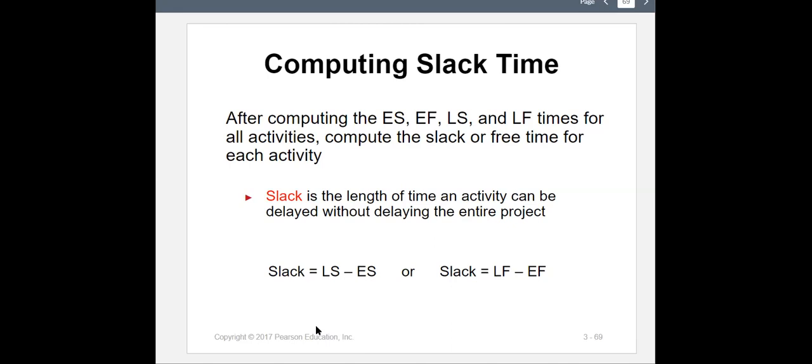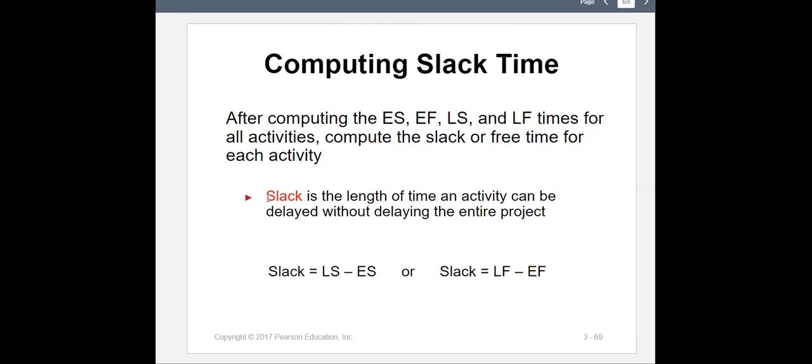You don't want any delays in your critical activities and your critical path, because if your critical path falls into trouble and delays, your whole project will be delayed, and you don't want that. So for that reason, we're going to calculate slack.